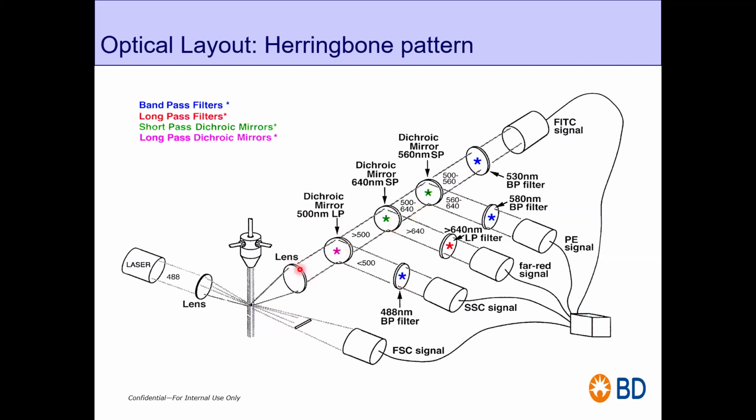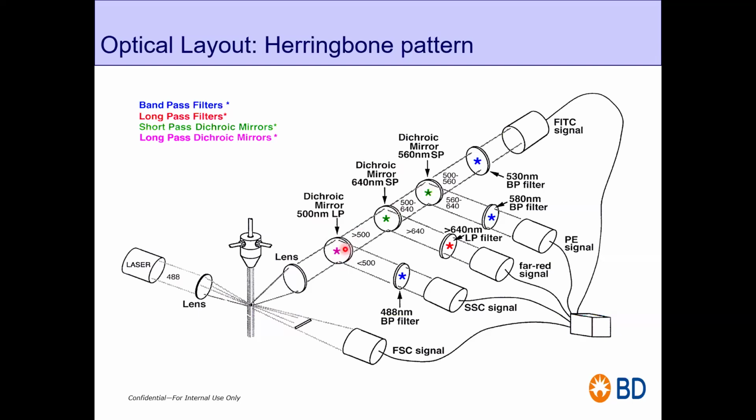Basically, it works on the transmission principle, like your signal will pass through one filter, then another filter, then another filter, and let's say they are using a long pass filter here, and a long pass dichroic mirror here.